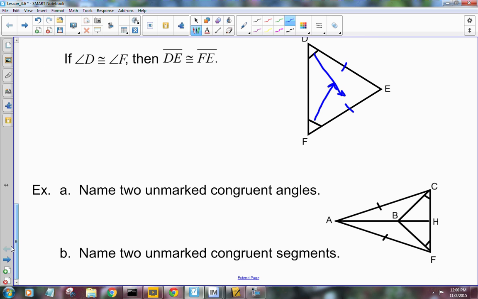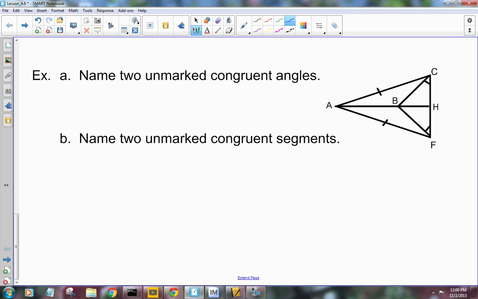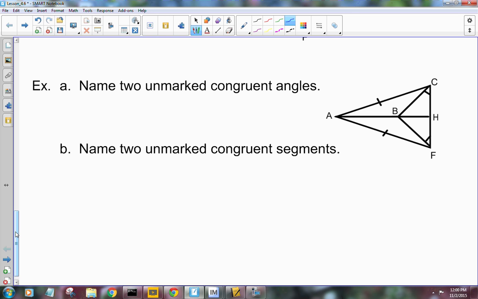All right, so let's look at these two examples here. It says, name two unmarked congruent angles. Let's look at that for just a second. Two unmarked congruent angles. What do you think? ACD, no. Because that's not part of the triangle.